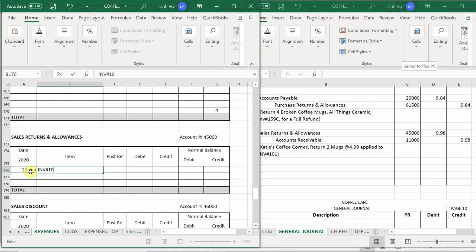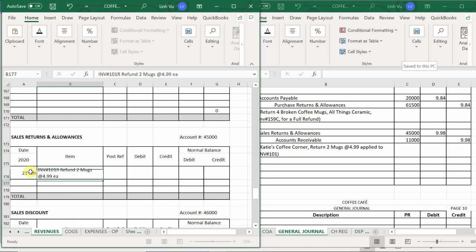I don't know if that makes sense. Okay. 2 mugs at $4.99 each. Okay, post reference. General Journal 9. Yes, we are still on 9. And then we're going to debit for $9.98.